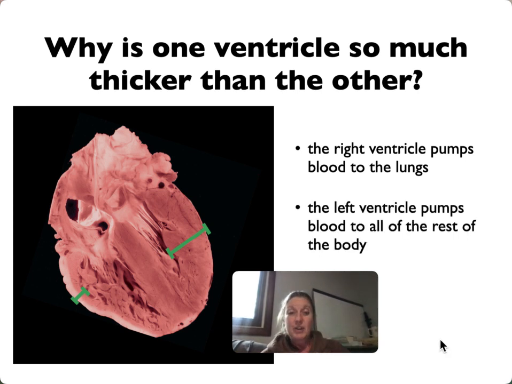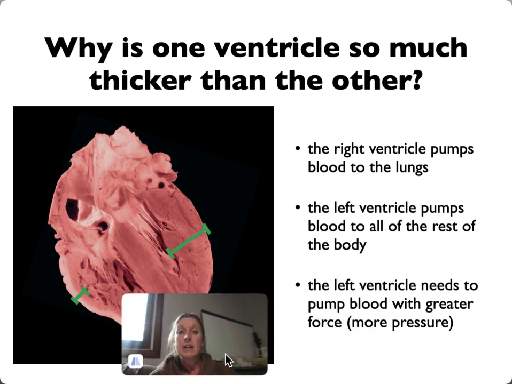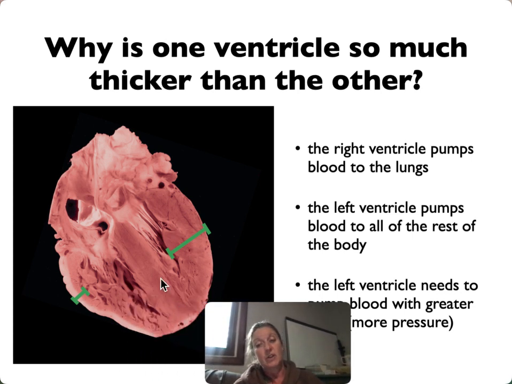The left ventricle, on the other hand, pumps blood to the entire body. Has to get blood to the head, it has to get blood to the arms, it has to get blood to all the organs, it has to get blood to your legs. And because of that, it needs to be able to pump with much greater force, with much greater pressure. And to do that, it has to have more muscle, more strength. So the left side, or the left ventricle, has a much thicker wall than the right ventricle.